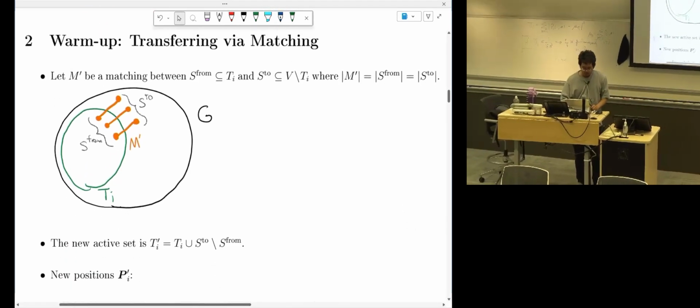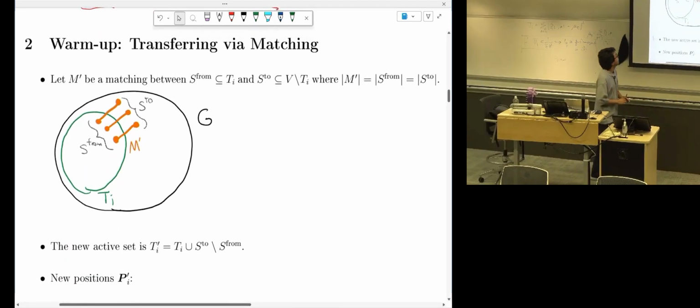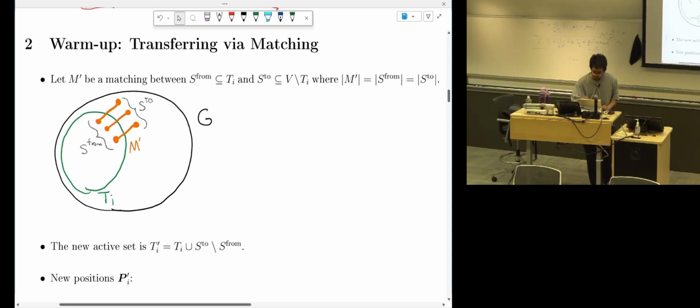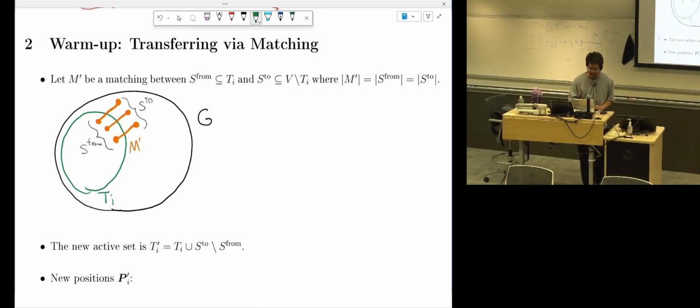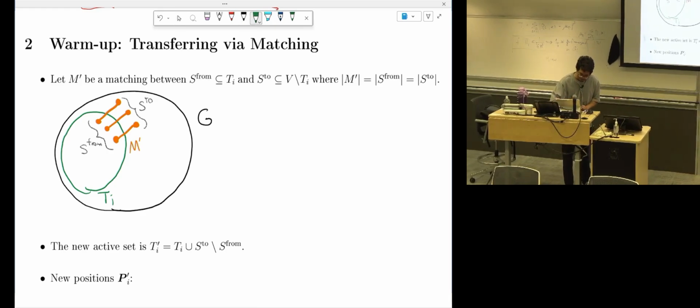Then I update my active set by moving the active part from S from to S2. So S from becomes inactive, and S2 becomes active.